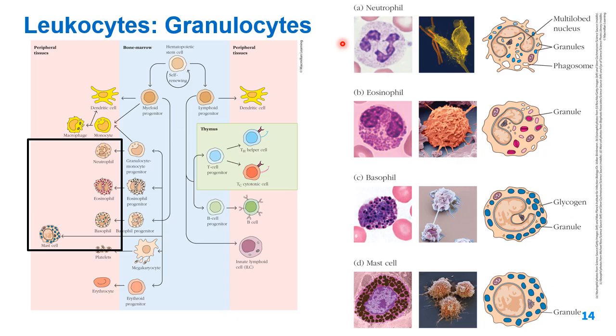But if you see little granules under the light microscope, you call those cells granulocytes. So here are examples of your granulocytes: the neutrophil, eosinophil, basophil. And you have your mast cell, but your mast cell is derived from your basophil, I believe. Yeah, mast cells derived from basophils.